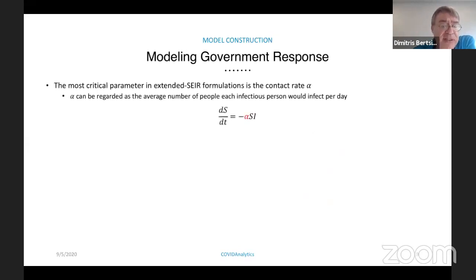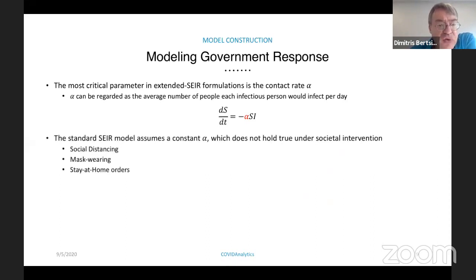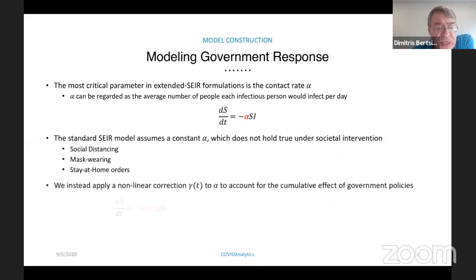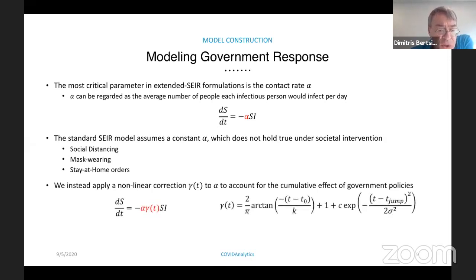A key component, perhaps the most important, in this extended formulation is the rate alpha, which can be regarded as the average number of people each infectious person would infect per day. The classical model assumes a constant infection rate. However, given social distancing, mask wearing, and stay-at-home orders, the way we have chosen it, and this is critical for the success of the model, is to have a nonlinear component given by this formula.